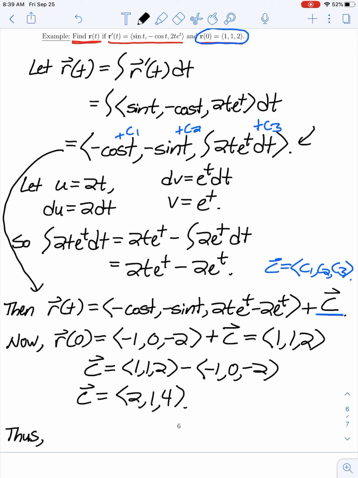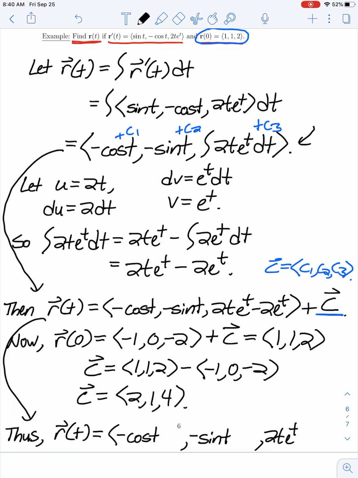So for r of t, we have negative cosine t, negative sine t, and this 2t e to the t minus 2 e to the t. And then I'm adding this constant vector C, which we found to be 2, 1, 4, to that vector.